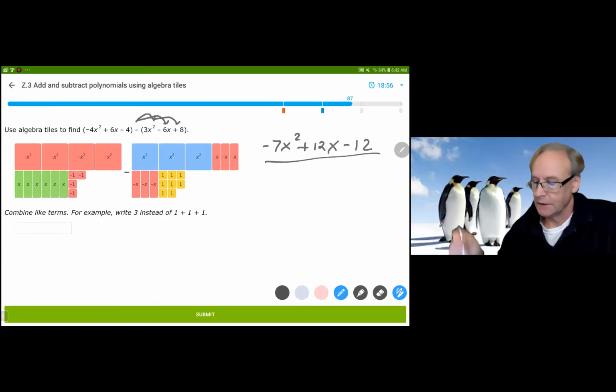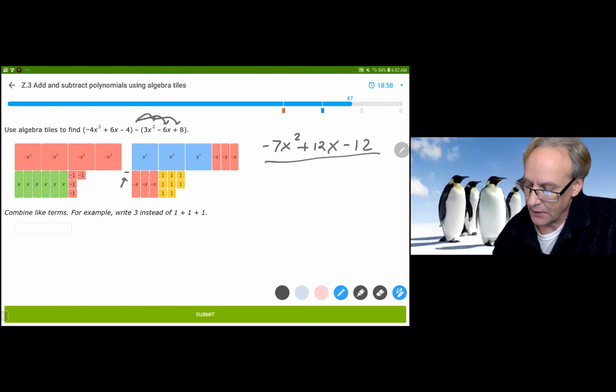But of course, this negative right there means change the sign of everything. So these are really all negative, aren't they? And these are really all positive. This is a positive, and this is a positive, and this is a positive, and so on. And these are really all negative.